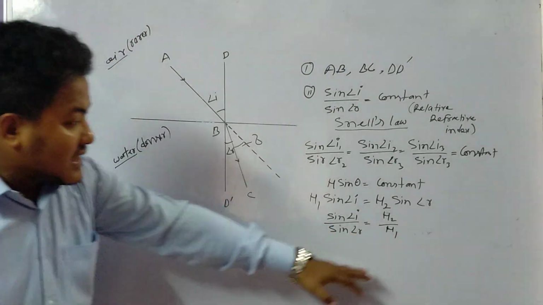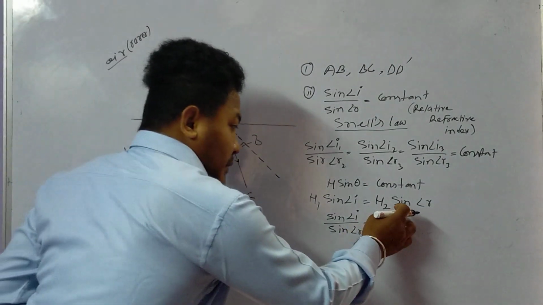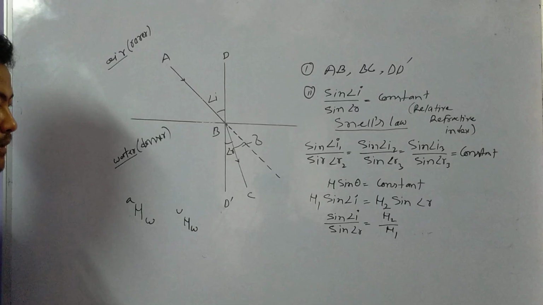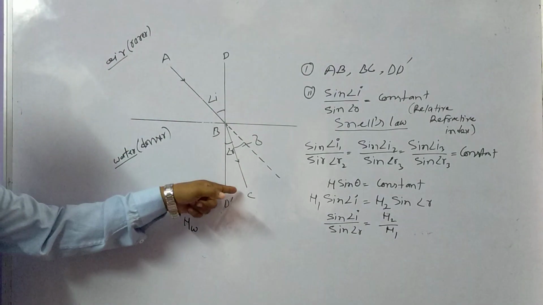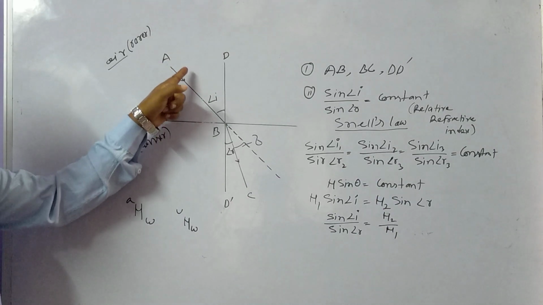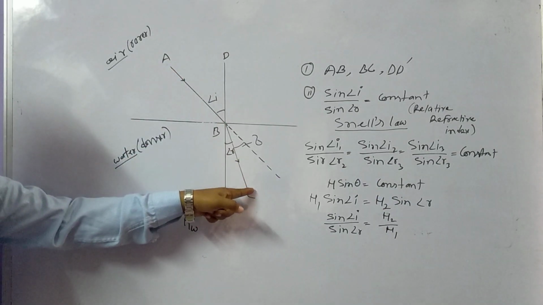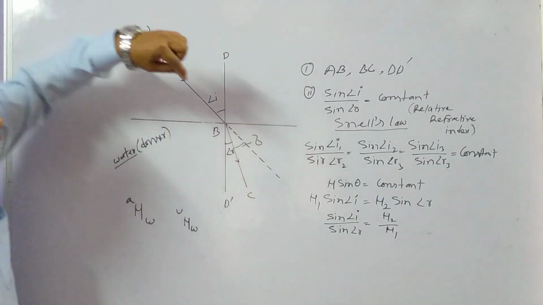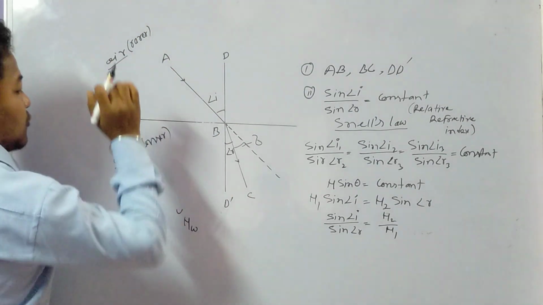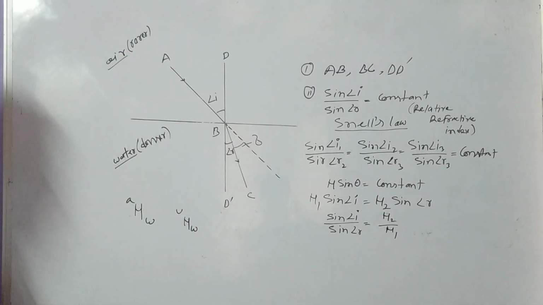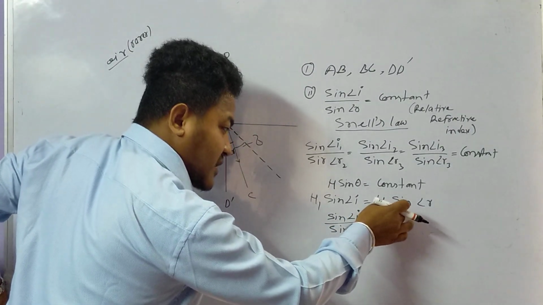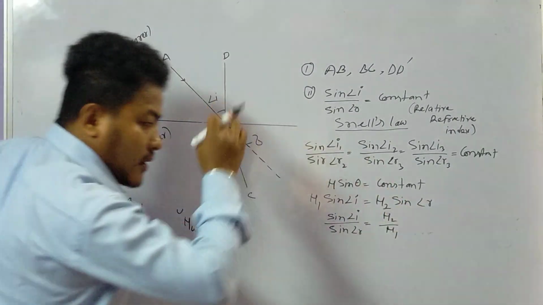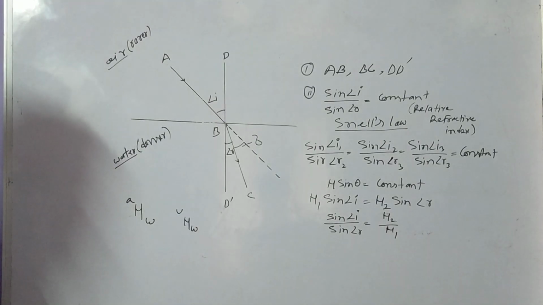What does mu2 by mu1 mean? In this case, light is traveling from the first medium to the second medium. We considered refractive index mu1 here and mu2 here. So this is the refractive index of the second medium with respect to the first medium.